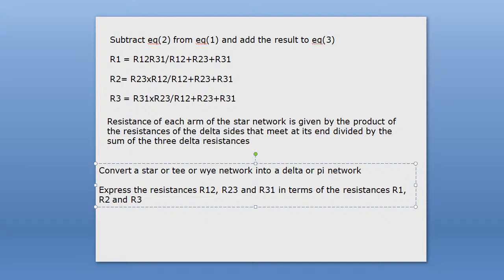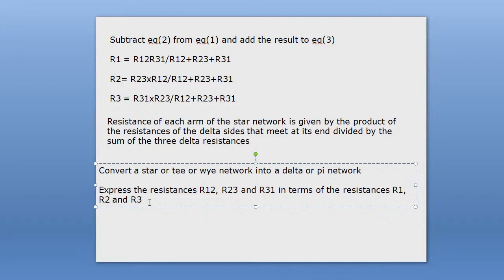So in that case, what you will do? You multiply equation 1, 2, 2, 3, 3, 1 and adding them together, then simplify them. So you get the final expression.